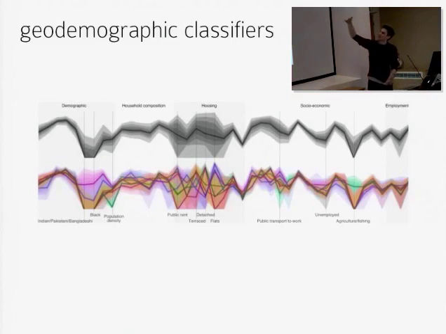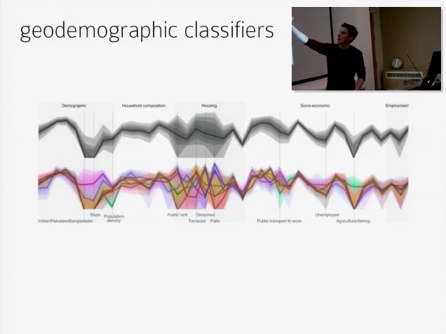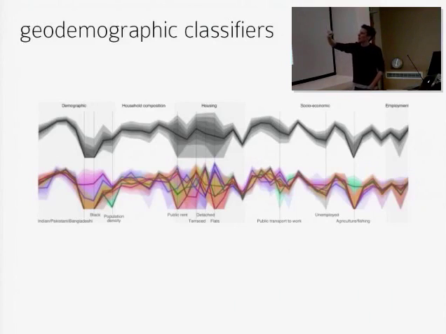And the varying lightness around it is deciles, I think. So we can see in the top plot, where we look at all output areas, not grouped by the classification, there's quite a lot of difference in terms of this housing variable, but less so in terms of these associated variables.